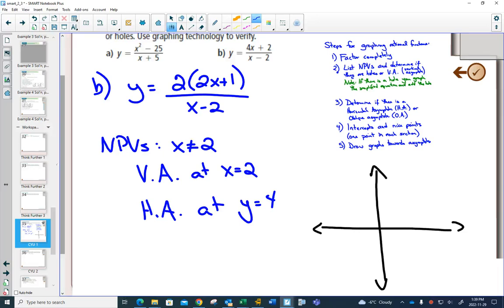We know that we have an asymptote at x equals 2. And we also know that we have a horizontal asymptote at y equals 4. This is our starting point.